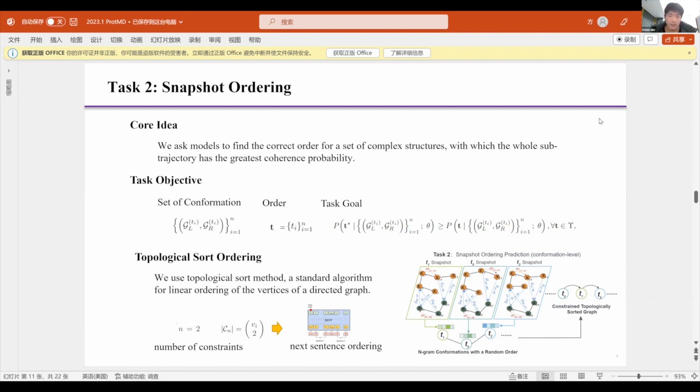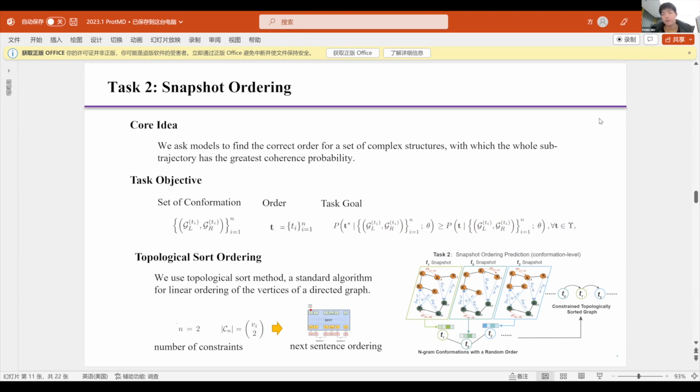The task object is that we have a set of conformations, for example, conformations of five time steps, and we have some order t. The task goal is to find the optimal order t star, which has the highest probability compared with other orders.